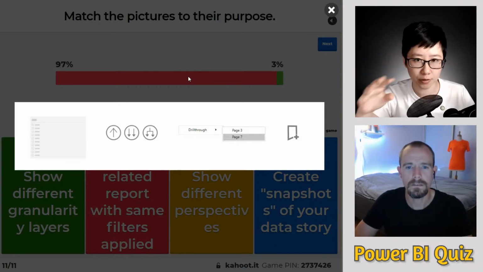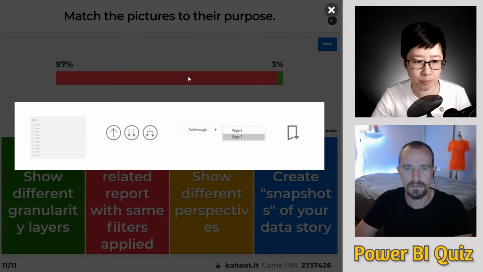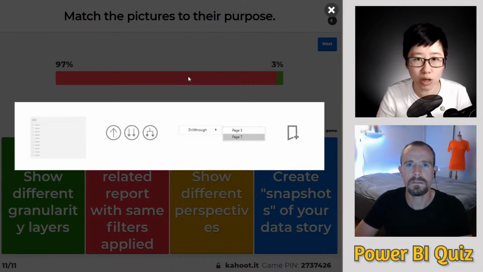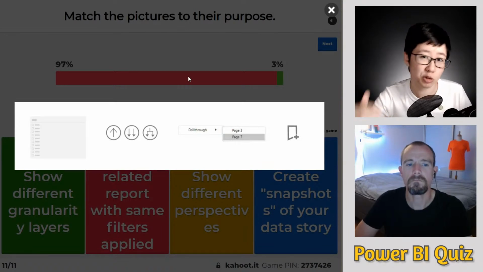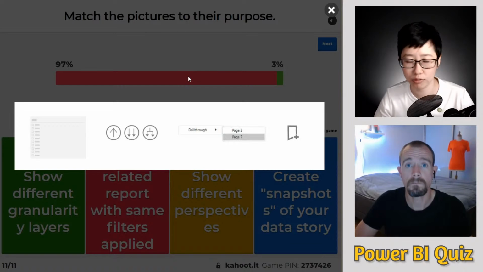All these are the filters that you're adding on as you're talking through the presentation. And then somebody asks you, can I see, for all these that you've said so far, how does it look in a more detailed report? That's why I've chosen drill through to show a related report with the same filters applied. So you carry all those filters and put them into that other related report.